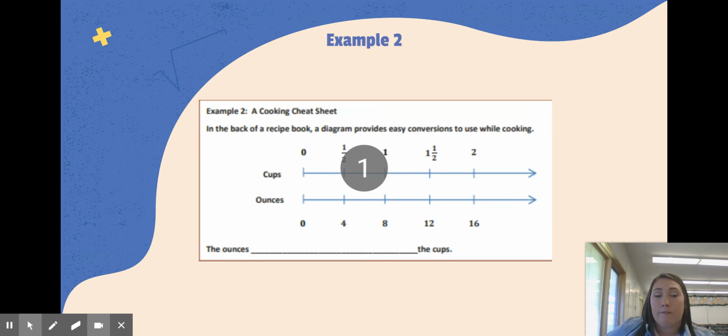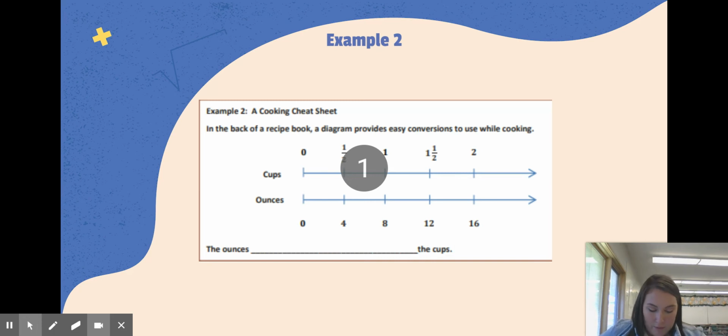If you had 5 cups, that'd be 40 ounces. 8 cups, well, what's 8 times 8? 64 ounces. So for every time you need to find out how many ounces are in the number of cups, you multiply the number of cups by 8.